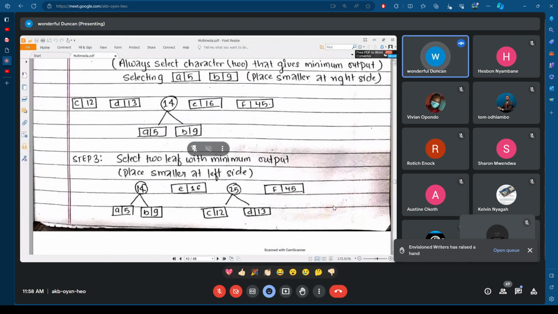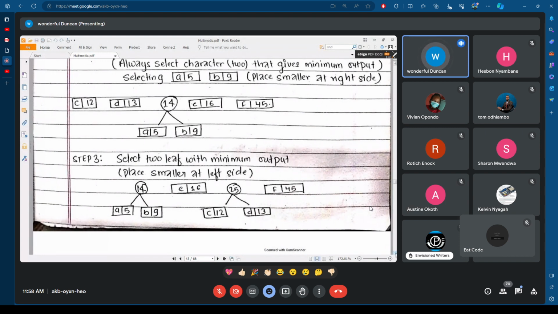Then we add them the way we added A and B. So we add C and D, which is 12 plus 13 is 25. Then 25 is bigger than 14, so we take it to our right side. So we have 14 then 25.